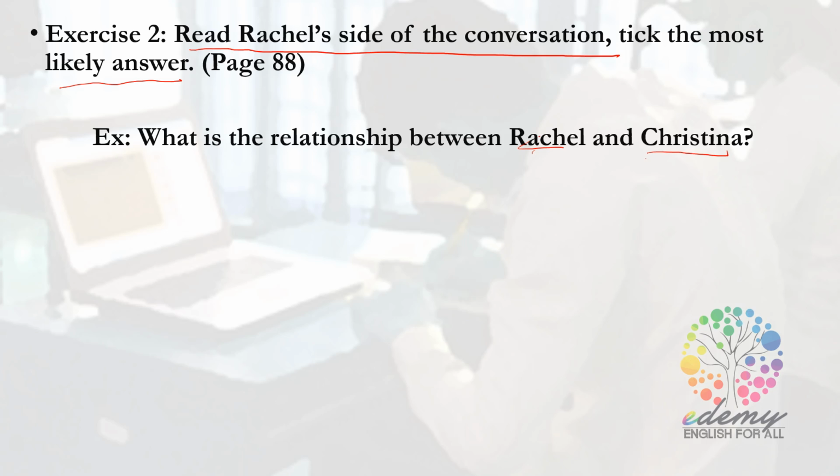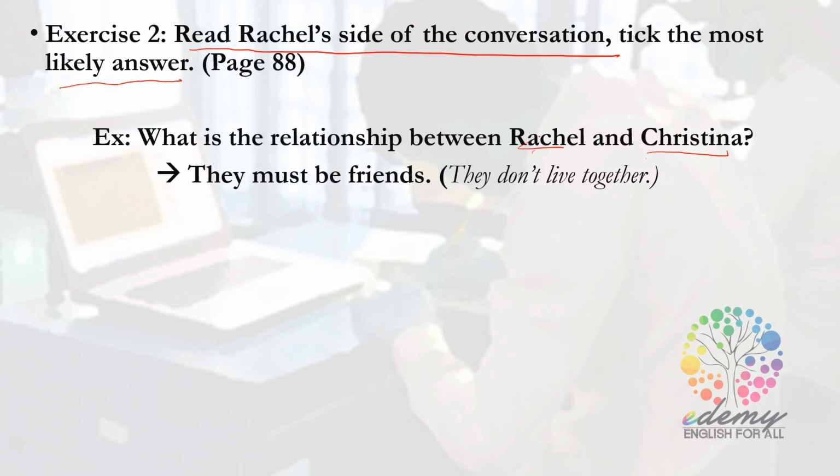It means they live in different houses. So the answer is that they must be friends, because they don't live together. Choice number 2 is that they could be sisters. It's not the right answer because if they are sisters, they should live together in the house, right? So here, you need to infer the information from the conversation to pick the right answer in each question.